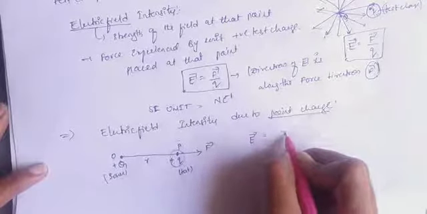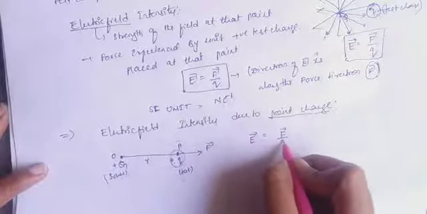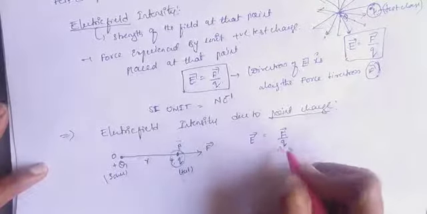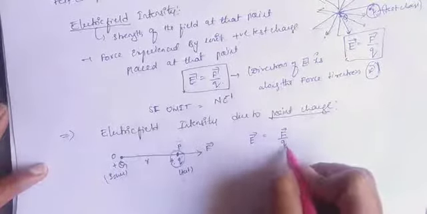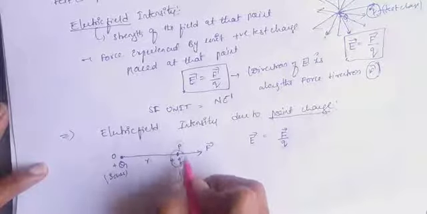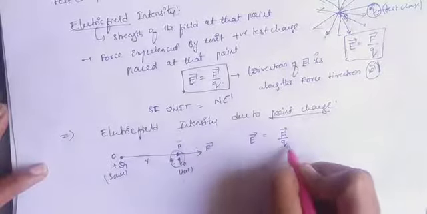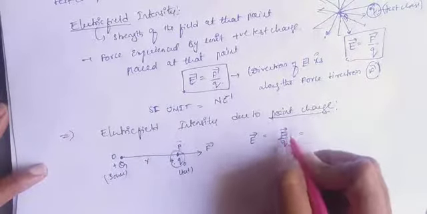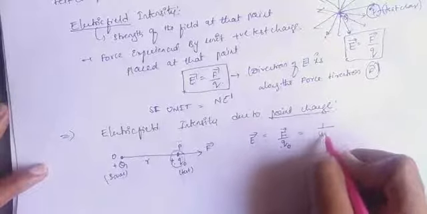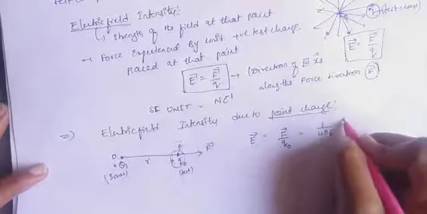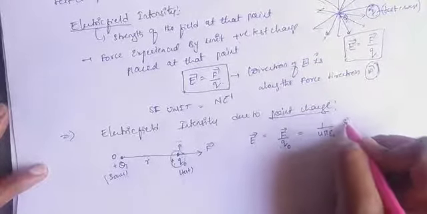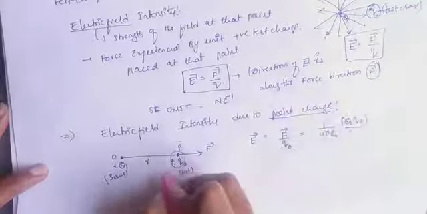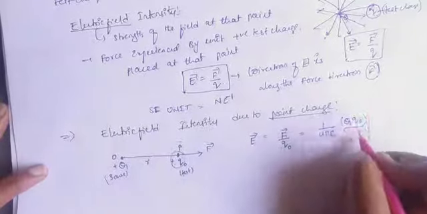Already we know the magnitude of the force is 1 by 4 pi epsilon naught times the source charge and the test charge, divided by the distance R squared.